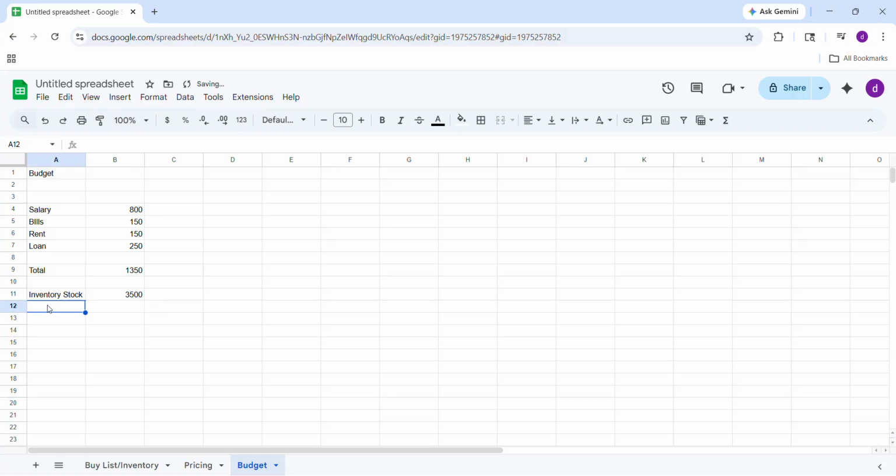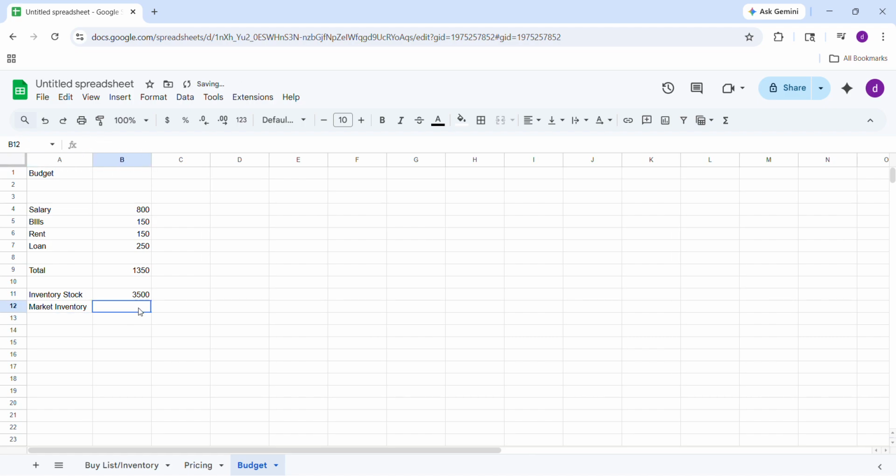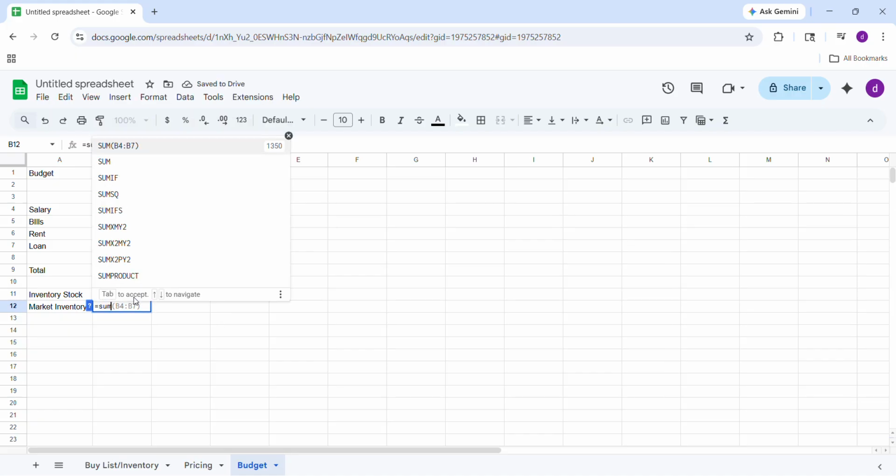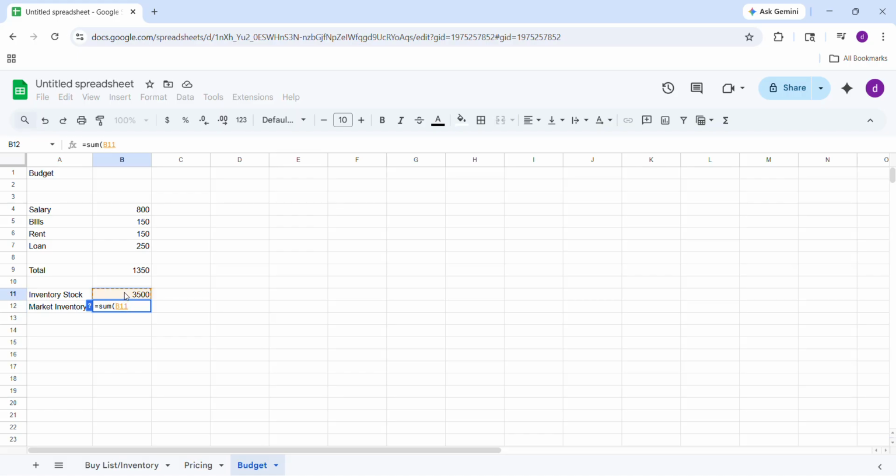And let's do market inventory. So it'll be this number divided by half. Okay, $1,750.